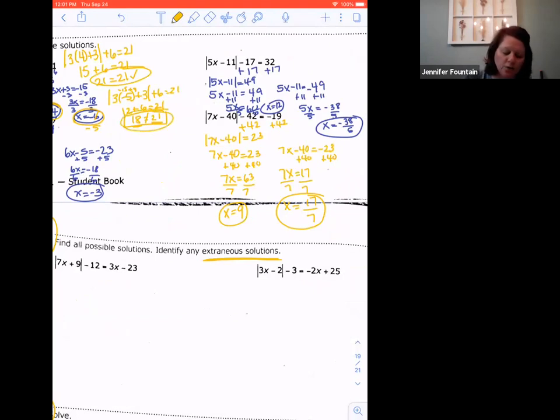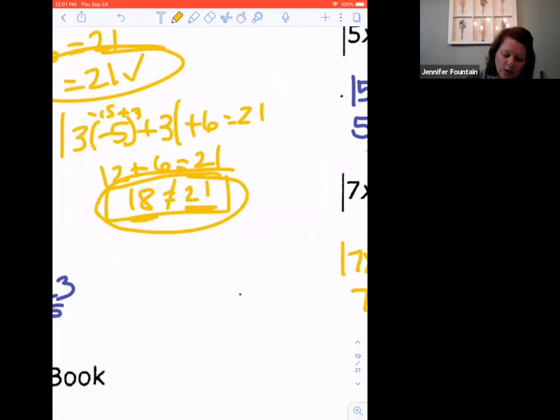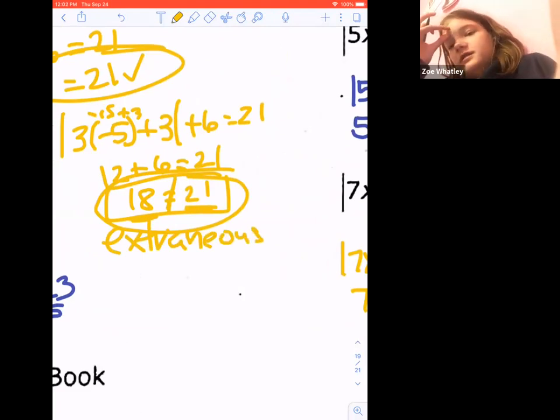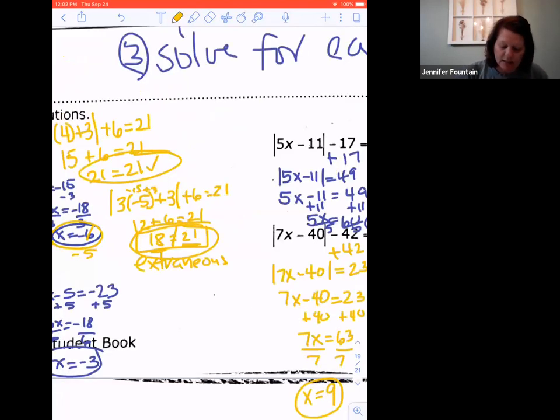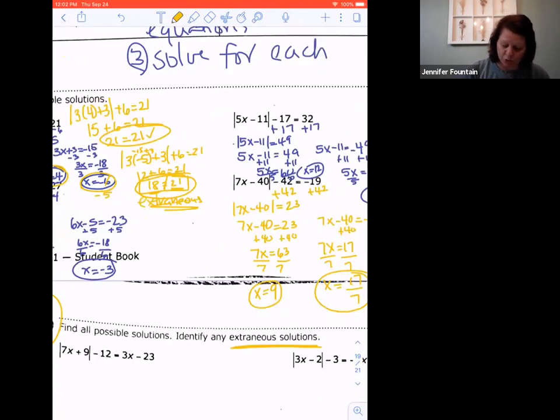Okay, so you could either identify it with the does not equal sign, or you can write extraneous. So if you get an extraneous answer, you're wrong, basically. Well, it doesn't mean you're wrong. It means that that is not an answer for that absolute value problem. Okay, so plug it in. If it doesn't equal something, it's extraneous.